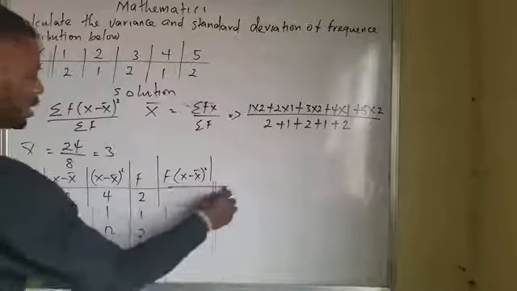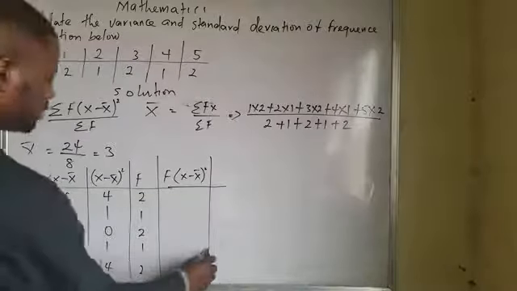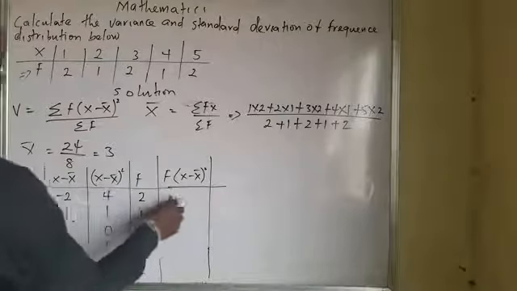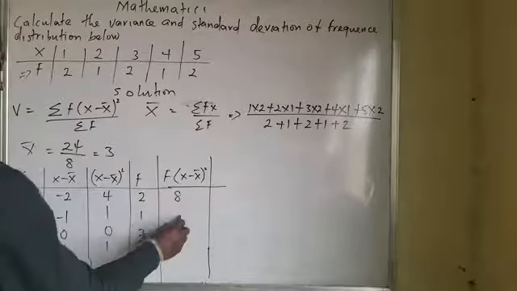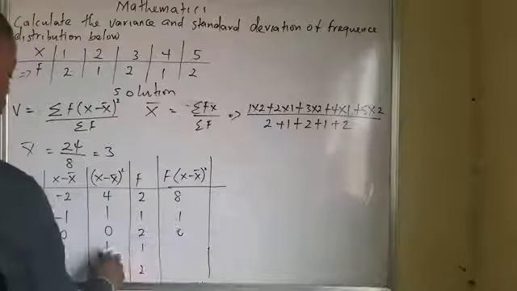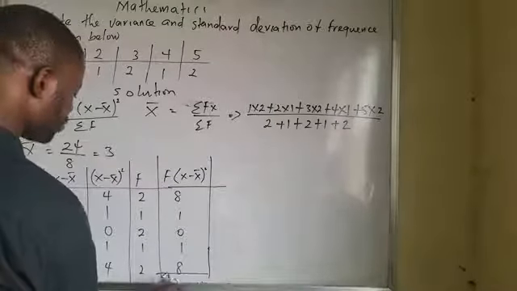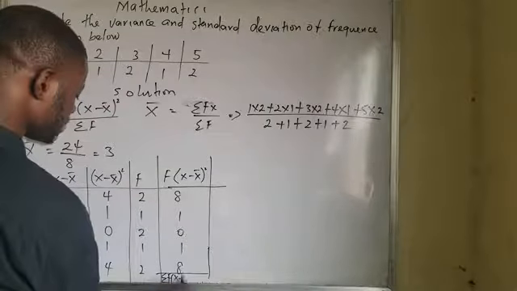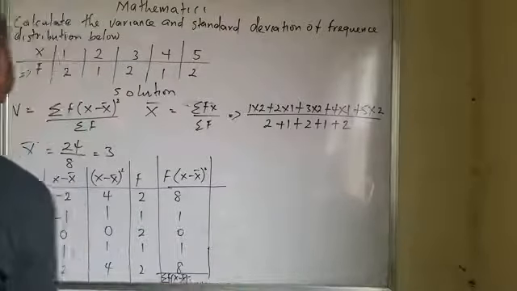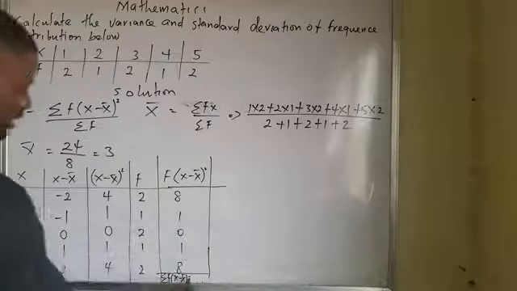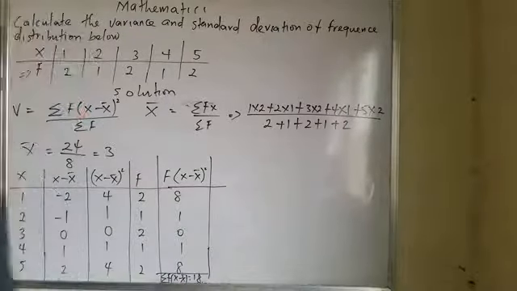Multiplying this times this, I have 8, 1, 0, 1, and 8. The summation is going to be 18. Now I have 18.